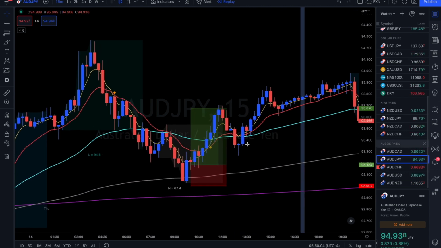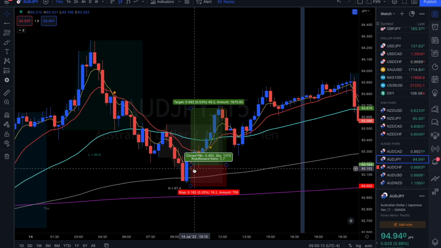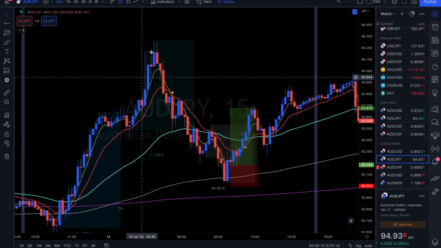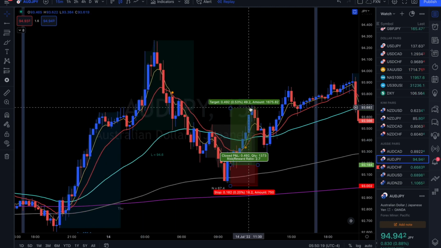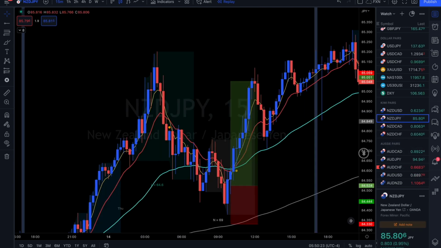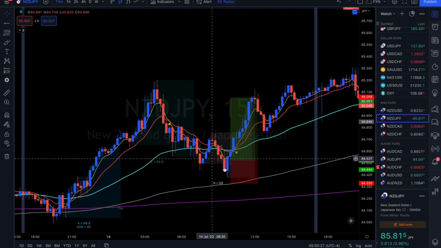Okay, so if we look at AUD JPY, this one had a nice deep pullback, pinning to the 200 EMA, railroad track with a pullback after a huge move during the Asia and London session. That gave you a good continuation trade here. If you look at NZD JPY, same thing, huge move during Asia and London, pulled back all the way to the middle.